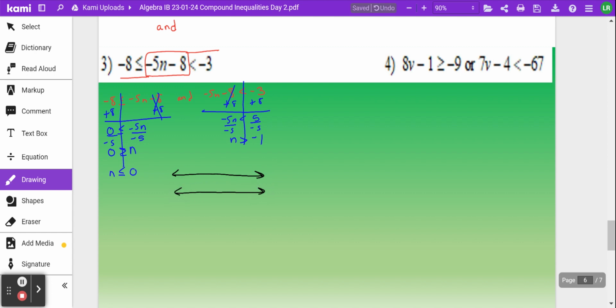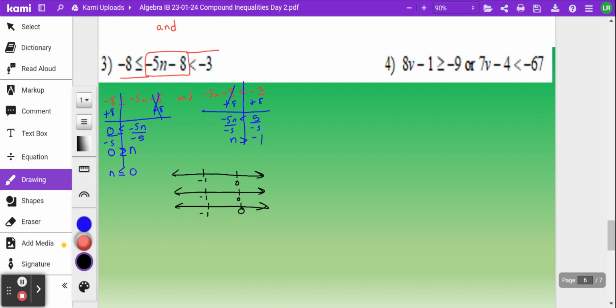Thinking about which number is smaller. -1 is smaller than 0, so -1 goes on the left. 0 goes on the right. So the closed dot on 0, going left.